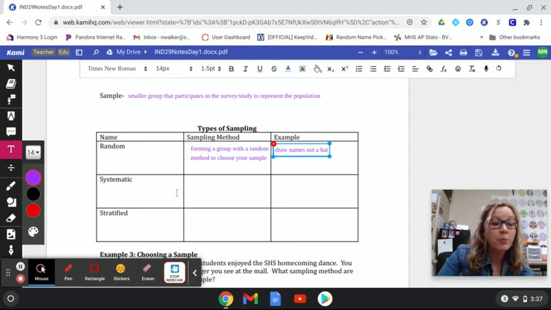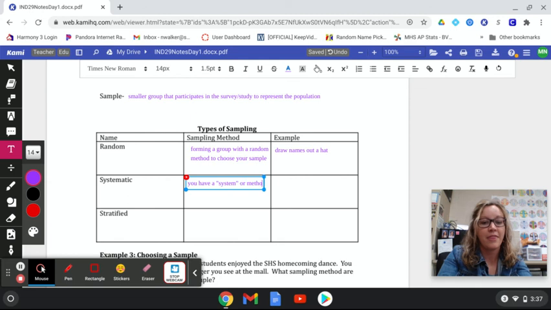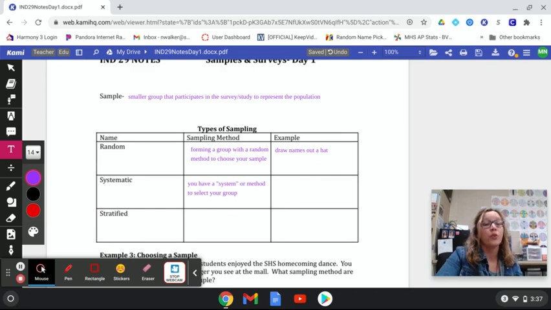All right, a systematic approach means that you have some sort of method that you are going to pick. You have a system or method to select your group. And in a systematic approach, that means that you know your overall population, and let's just say I'm going to sample, let's see, like every 10th person I see at Walmart about this certain thing that I'm concerned about.